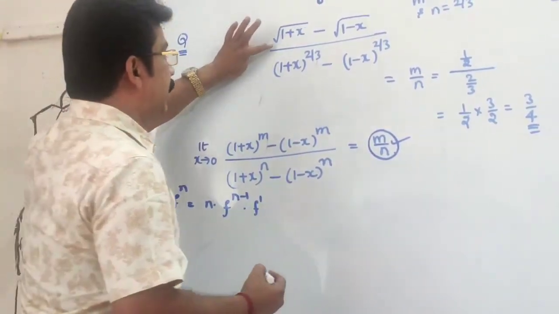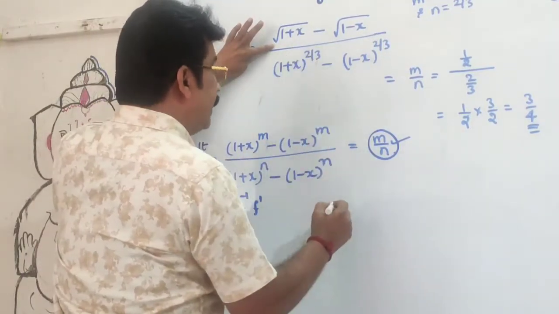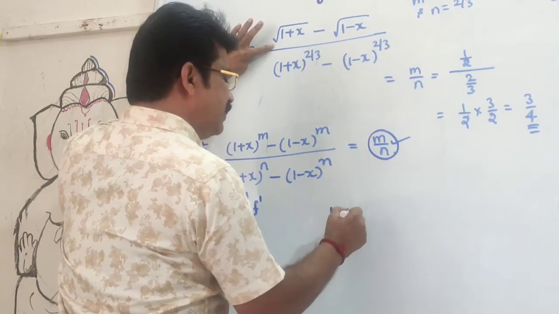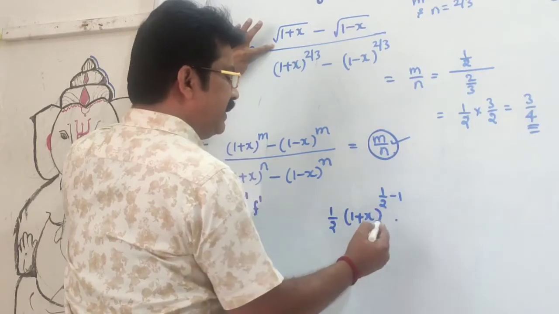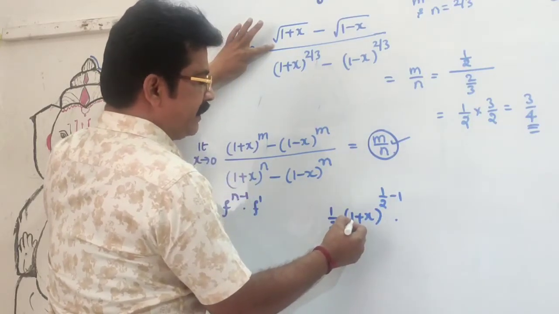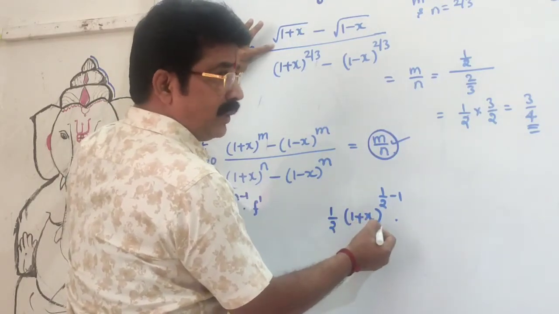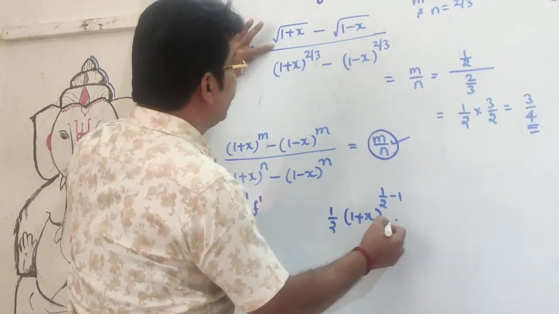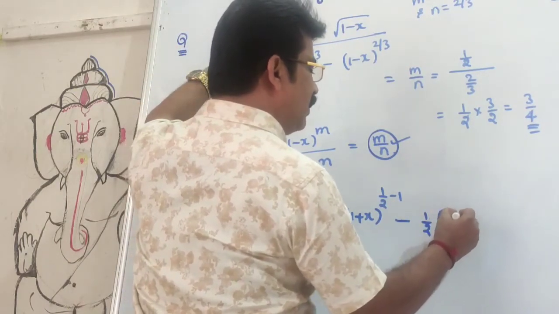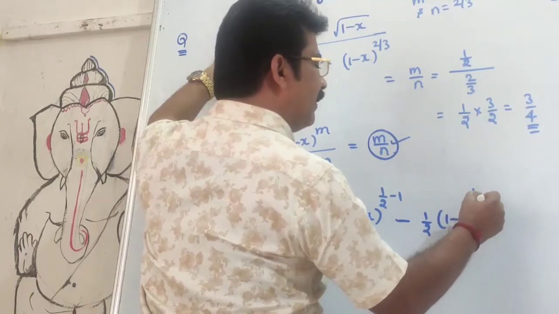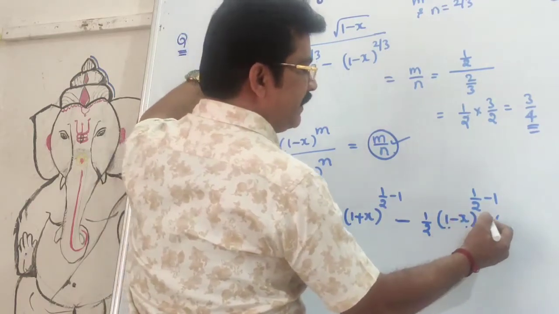So the derivative of (1 plus x) whole to the power of 1 by 2 is 1 by 2 into (1 plus x) whole to the power of 1 by 2 minus 1, into the derivative of 1 plus x, d by dx of 1 is 0, d by dx of x is 1, so 0 plus 1 equal to 1. Similarly minus, it is 1 by 2 into (1 minus x) whole to the power of 1 by 2 minus 1, into the differentiation of 1 minus x, which is minus 1.